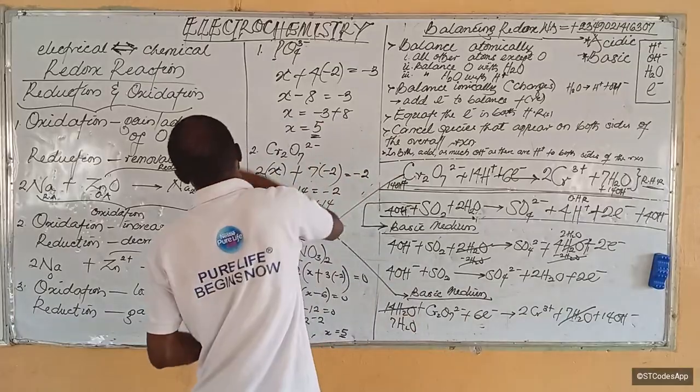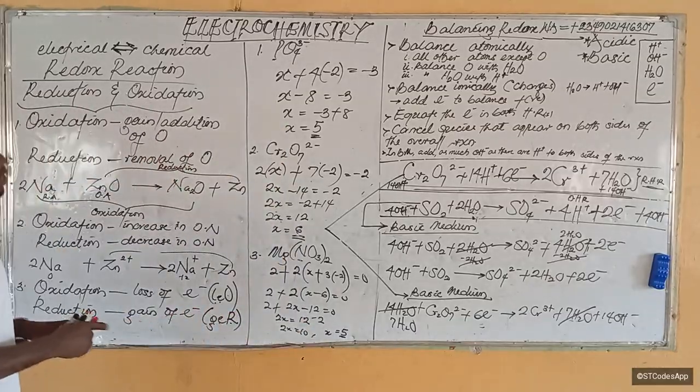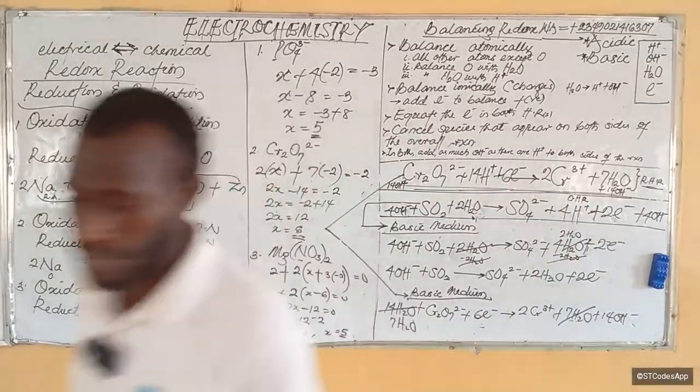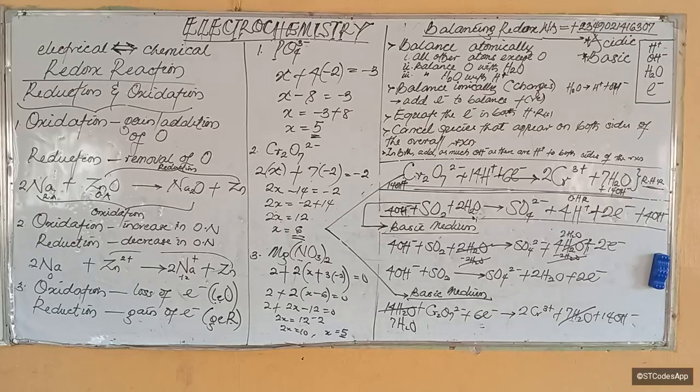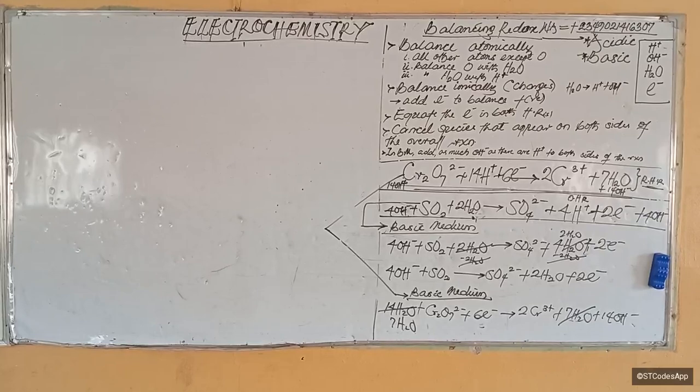Now let me clean this side and give you one more reaction. Let's do this reaction. MnO4. Let me clean it first. All right. So let's go on to balancing.